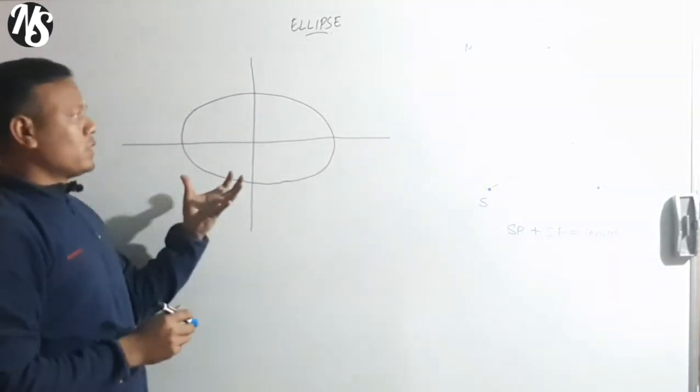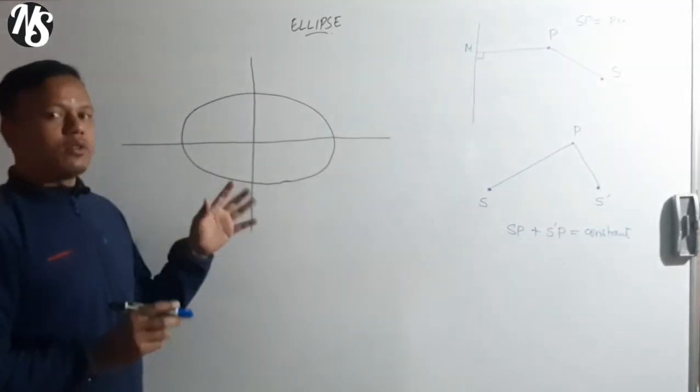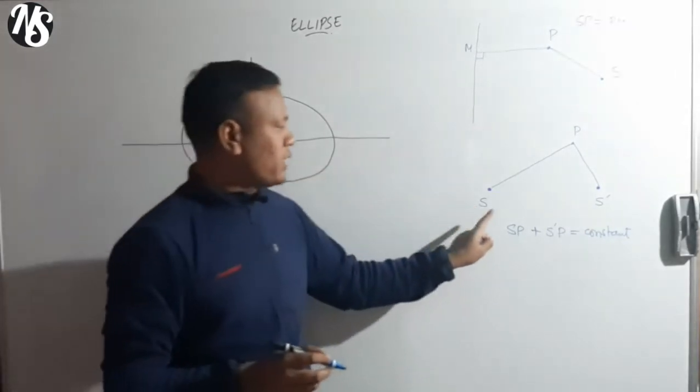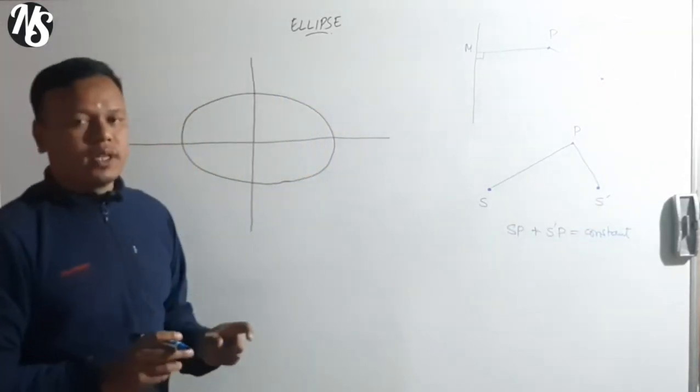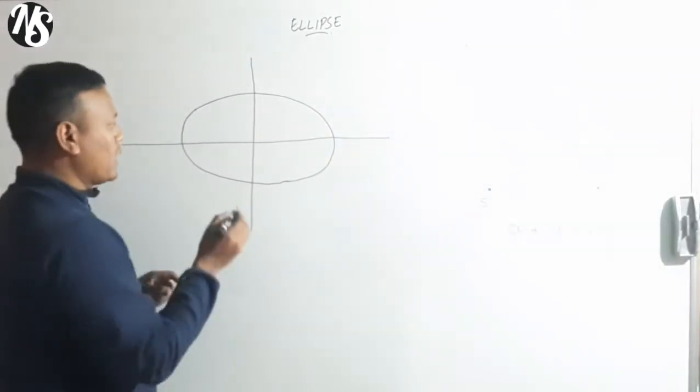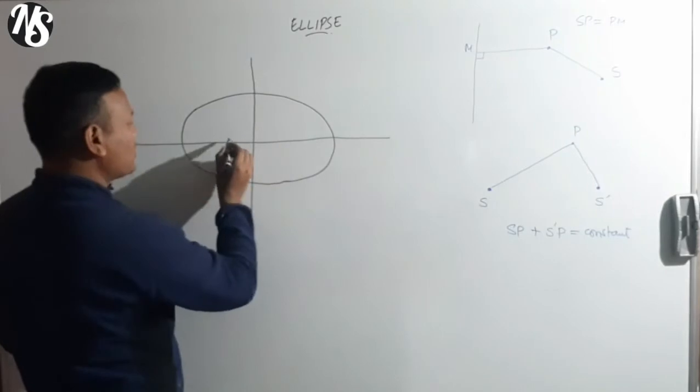The fixed points S and S dash are known as foci, the plural of focus, and they lie exactly on this line.